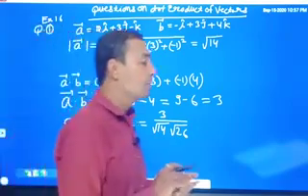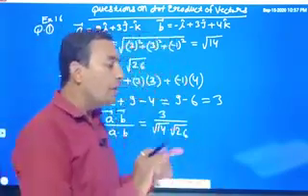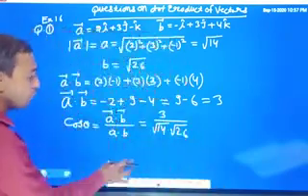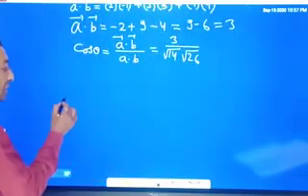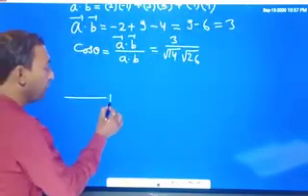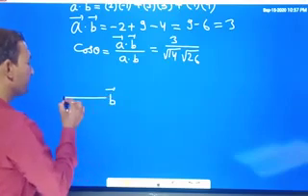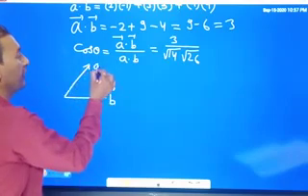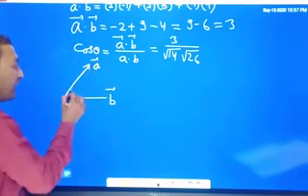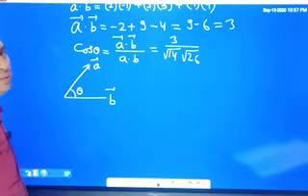The next question is the projection of a on b. You have to understand the projection of a on b. This is b vector, this is a vector, and here we assume the angle between a and b is theta.